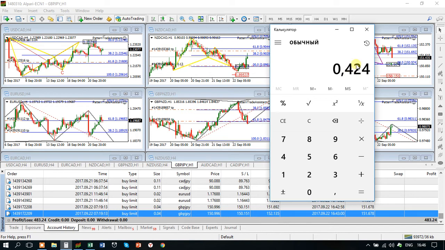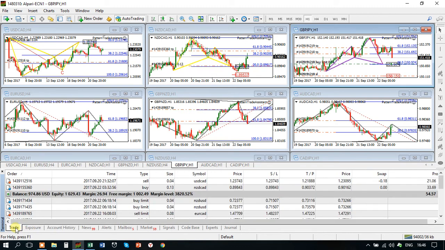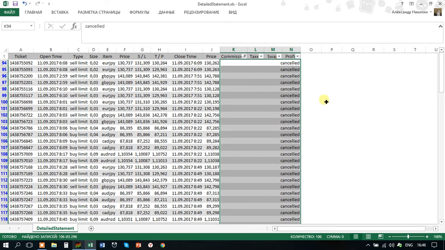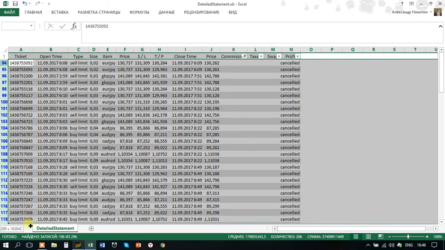So 42% of trades that I set were actually cancelled. So 42% of the time the price never went and hit the trade. I will delete those trades. 42% were deleted. Well, I can't say that's a good idea to trade towards the completion of the pattern.